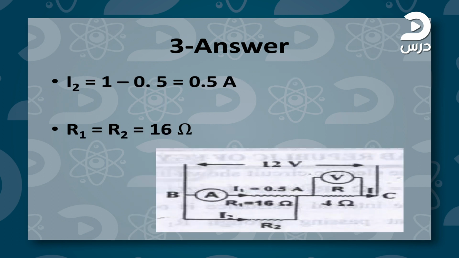So we got R and we got V. So I2 equals 1 minus half equals half ampere. So I1 equals I2, and the current is the same, so the resistance is the same. So R1 equals R2 equals 16 ohm. And this is one of the very nice problems.